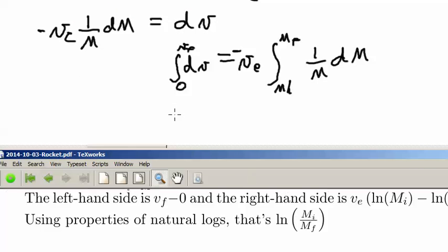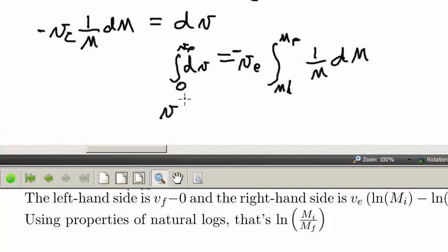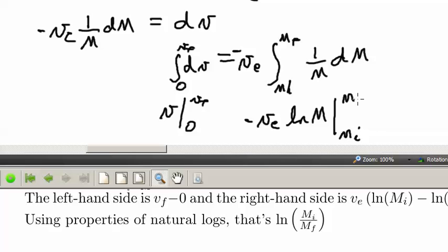And then we will come down here and start solving this. The left-hand side is just the integral of dv, which is v from 0 to v final. The integral of 1 over m dm will have negative v sub e times natural log of m with mass starting at mass initial to mass final.